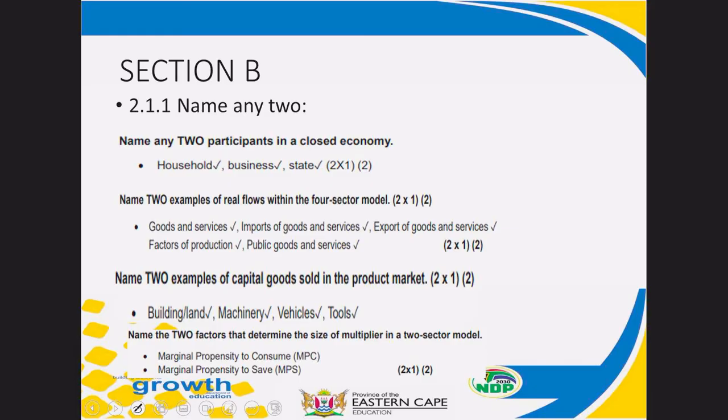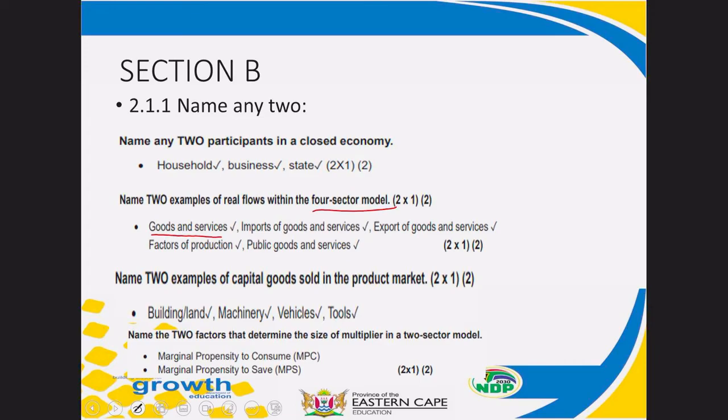Name any two examples of real flows within the 4-sector model. You see, it also talks about these models, the 4-sector, the 2-sector model. Remember, in the circular flow, we've got the real flow and the money flow.